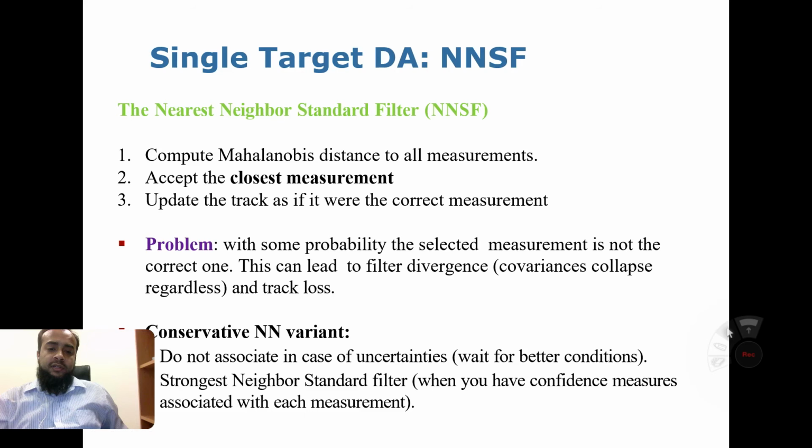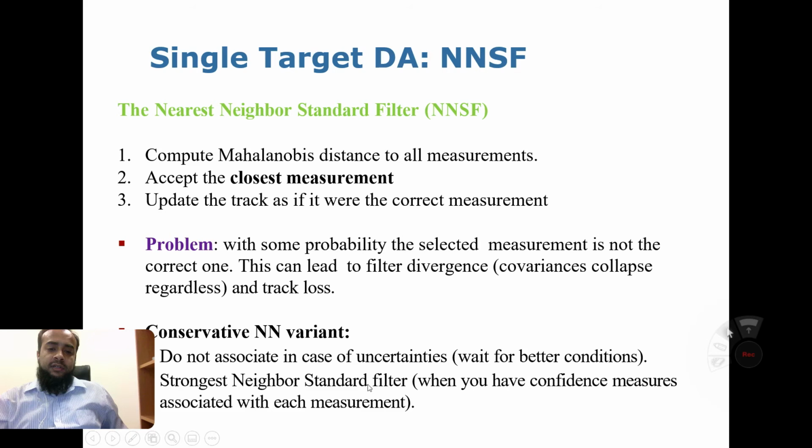It means that if there are high uncertainties, such as a large number of collected measurements, then we should wait for better conditions. For example, if the target is moving in a very noisy way, it does not associate in this case. Association to the track is very difficult in a noisy environment.